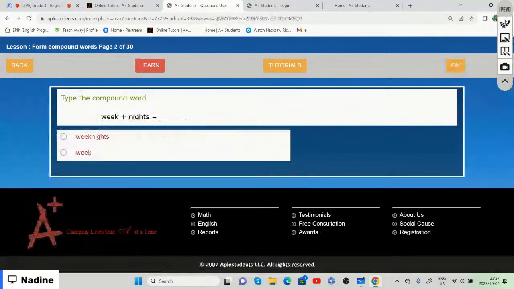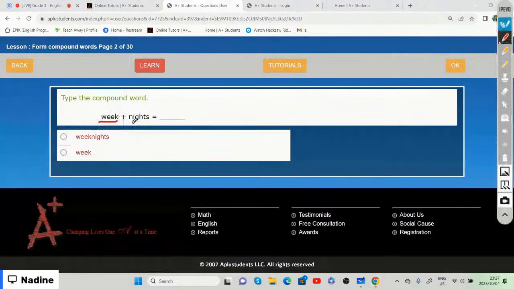Week plus nights. Is it weeknights or is it week? Week plus nights. First option or the second option? So we have week, like the day of the week, and we have nights.